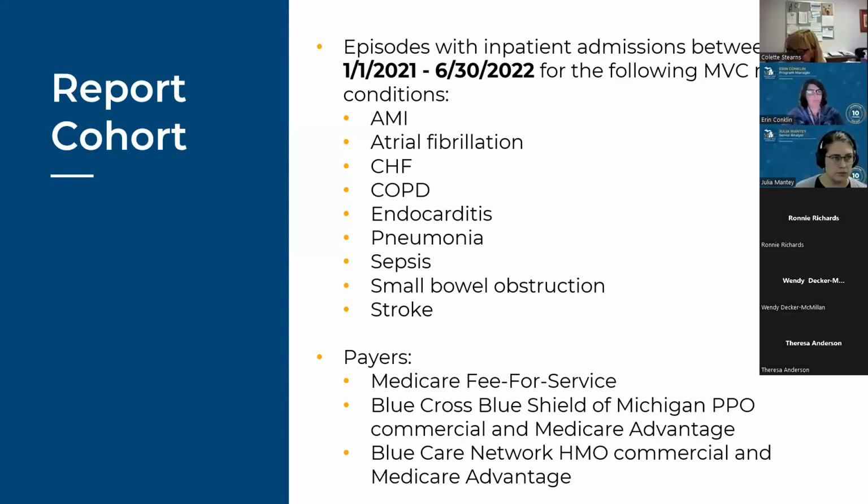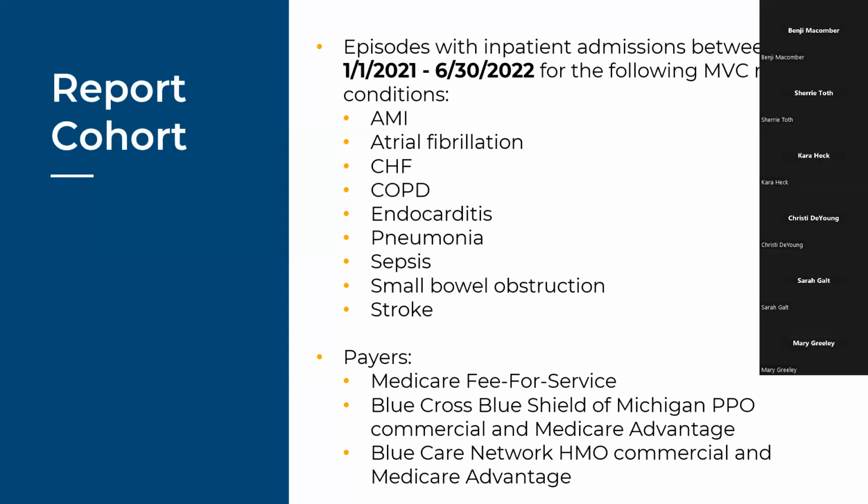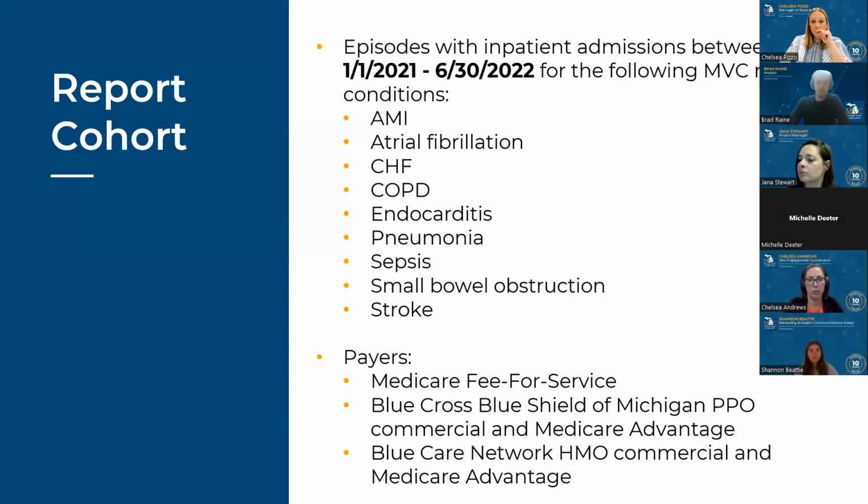These include AMI, atrial fibrillation, CHF, COPD, endocarditis, pneumonia, sepsis, small bowel obstruction, and stroke. The payers included in this report are Medicare Fee-for-Service, Blue Cross Blue Shield of Michigan PPO Commercial and Medicare Advantage, and Blue Care Network HMO Commercial and Medicare Advantage.